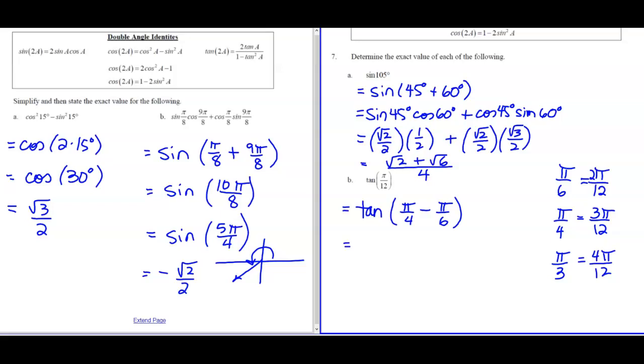So then for your tan, it's going to be tan pi over 4, tan pi over 6, same sign as inside the brackets. Then it's going to be 1 plus tan pi over 4 times tan pi over 6.